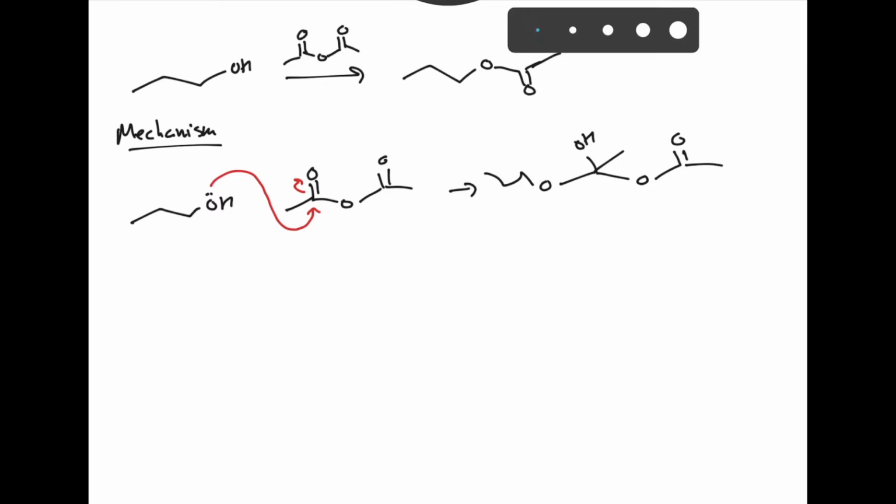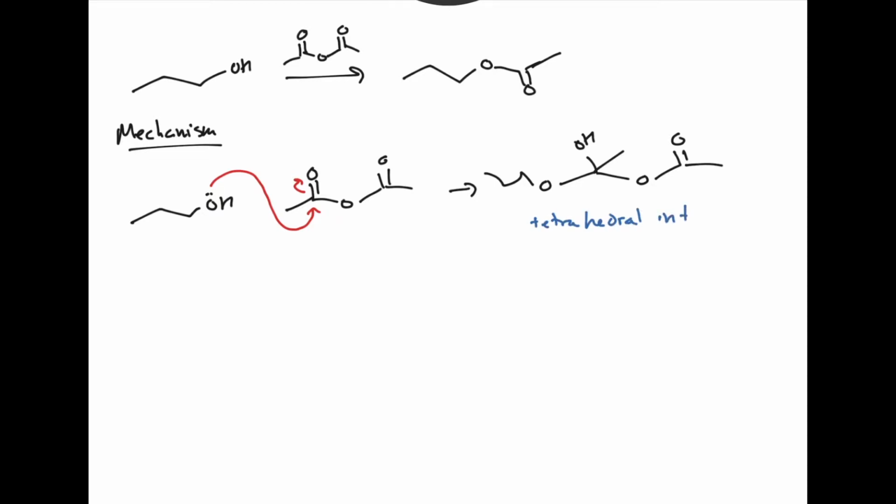All right, so here's our tetrahedral intermediate. Lone pairs on, let's say, this oxygen can kick down, push out the acetate.